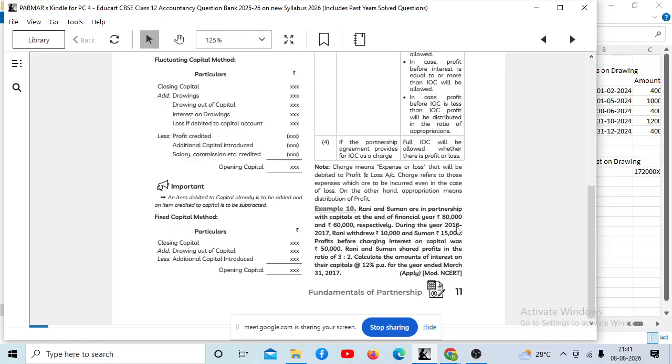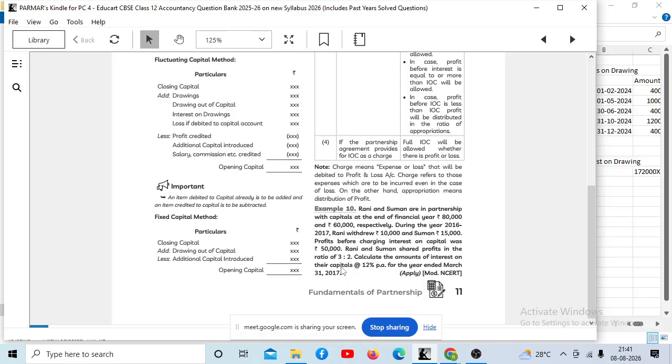During the year ended 2016-17, Rani withdrew rupees 10,000 and Suman 15,000. Profit before charging interest on capital was 50,000. Rani and Suman shared profit in the ratio of 3:2. Calculate the amount of interest on their capital at the rate of 12% per annum for the year ended 31st March 2017.